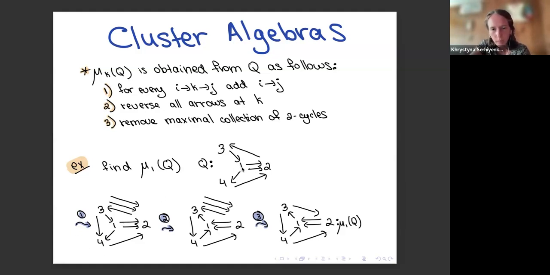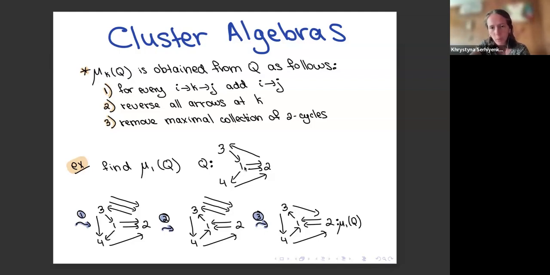So here at step 1, I look at all the paths of length 2 through vertex 1. I have this path from 3 to 1, and I can go down to 4. So 3 to 1 to 4 is such a path, which means I'm going to add a direct arrow from 3 to 4. That's this arrow. I also see a path from 3 to 1 to 2, but actually there are 2 such paths, so every arrow will count.